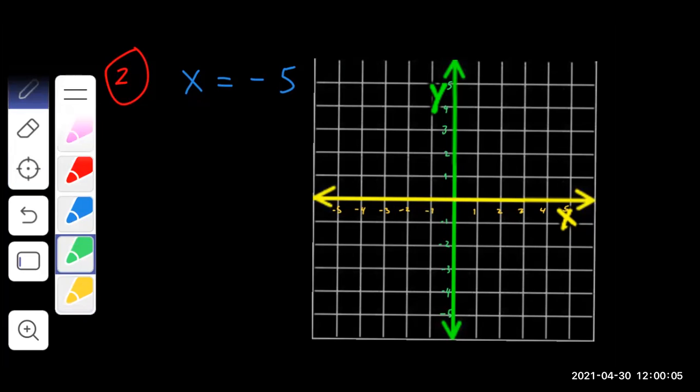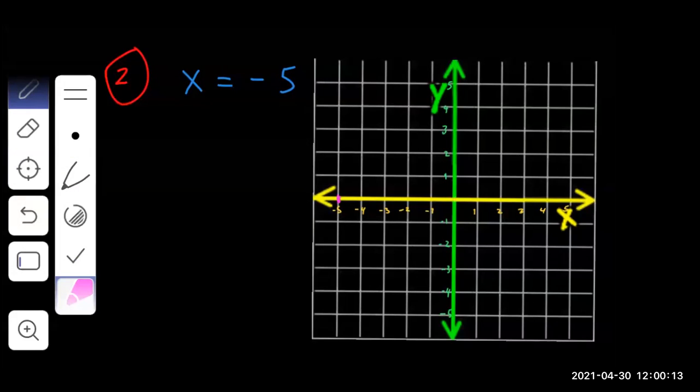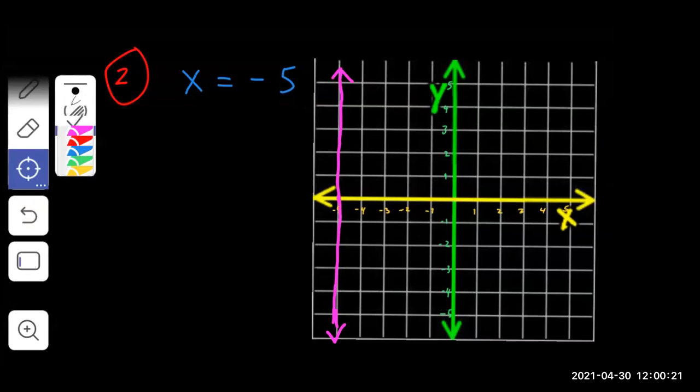Let's make a point right here, at -5. Now let's wrap this up. This is the vertical line. All of these values in the coordinate system are x equals to -5. Take a look. This is -5 with 1, -5 with 2. All of these points on the vertical line are -5 for x. And this is how we graph.